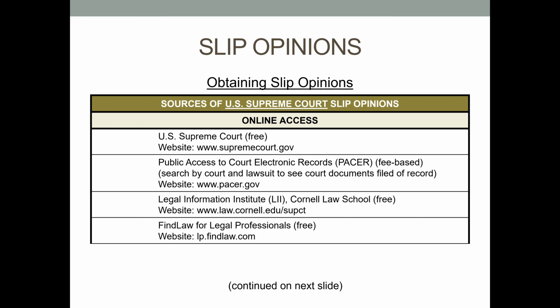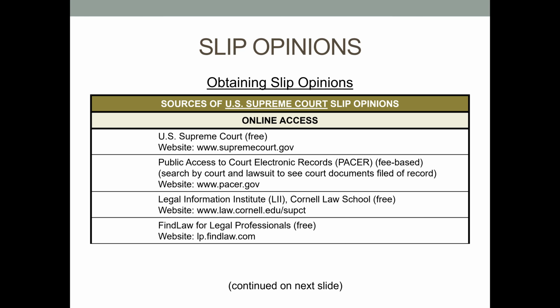And this website is called Public Access to Court Electronic Records. The acronym is PACER. And the website is www.pacer.gov. And I'm going to have more to say about PACER in just a minute. Now, you may also find the slip opinions at the Legal Information Institute at Cornell Law School.